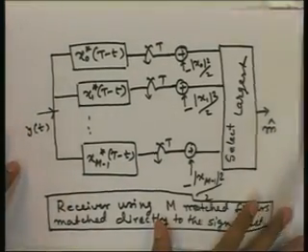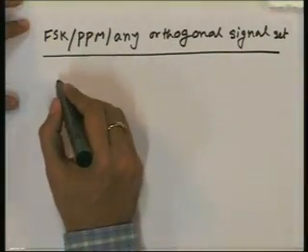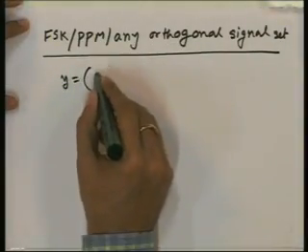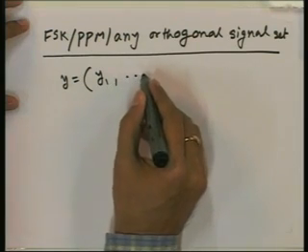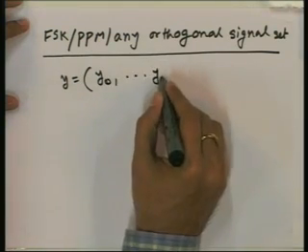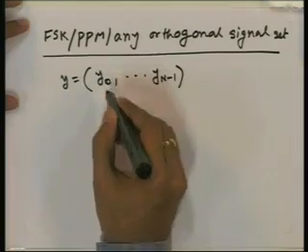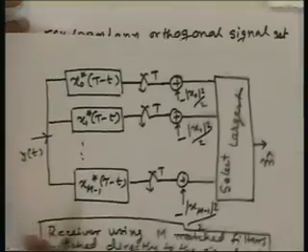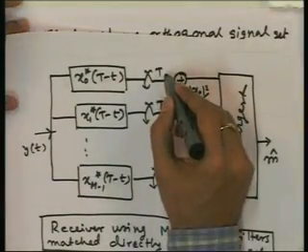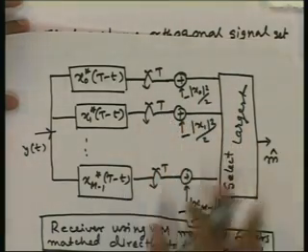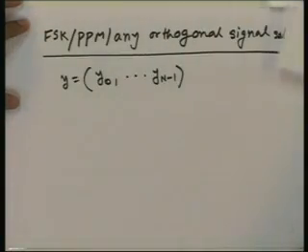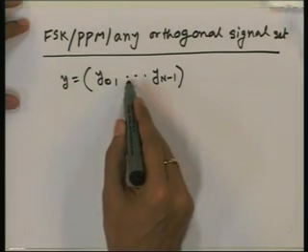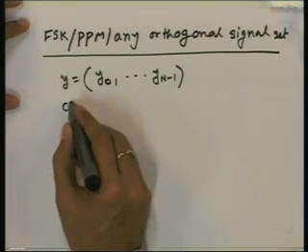Okay. So, for FSK, we have concluded that we can detect this way: first find this vector, this is y naught, y 1 and so on, and then take the component which is largest.